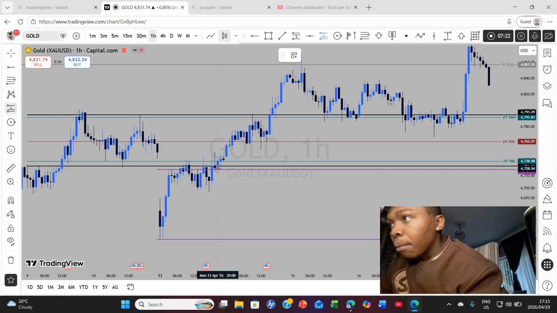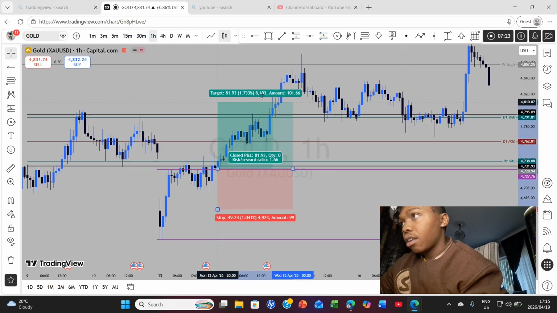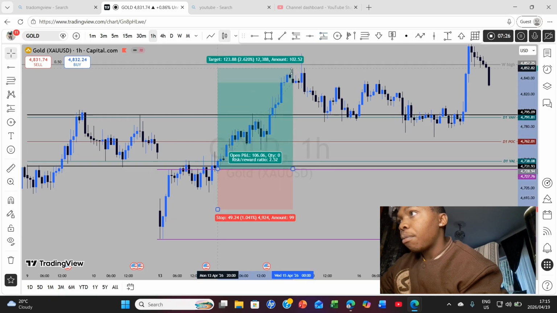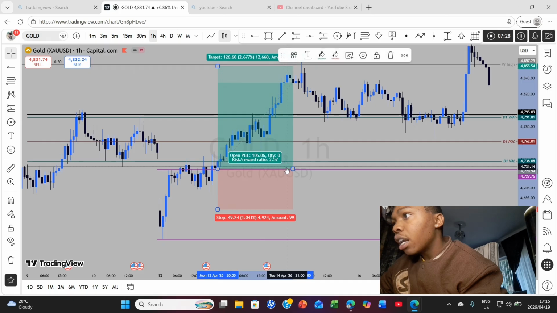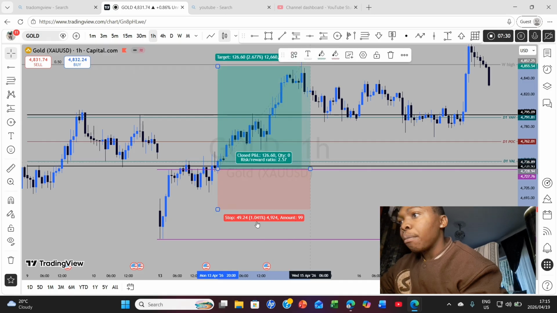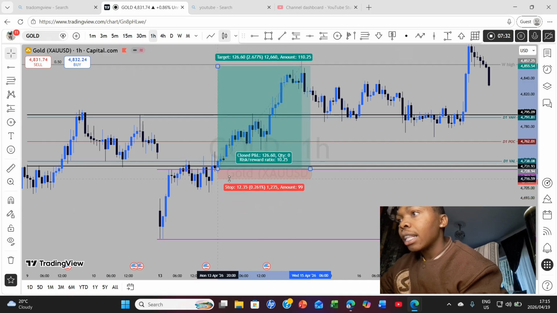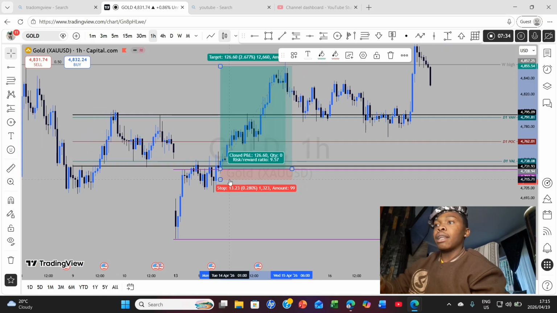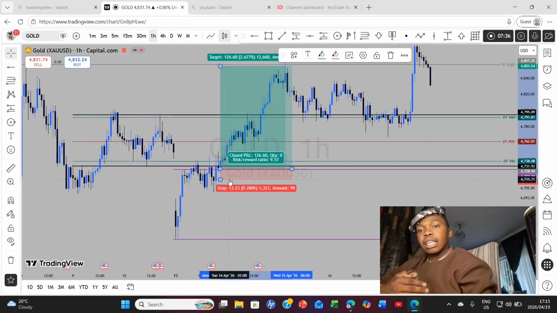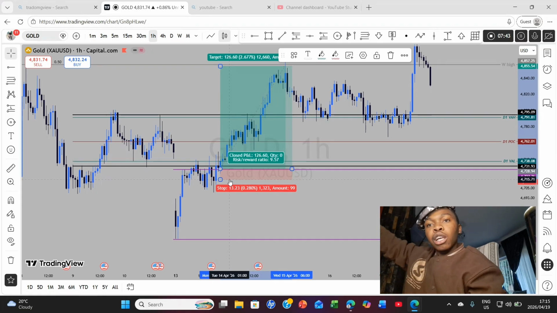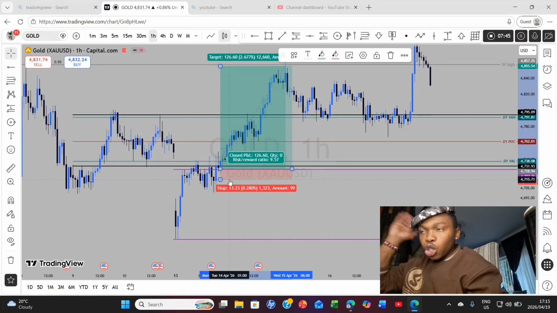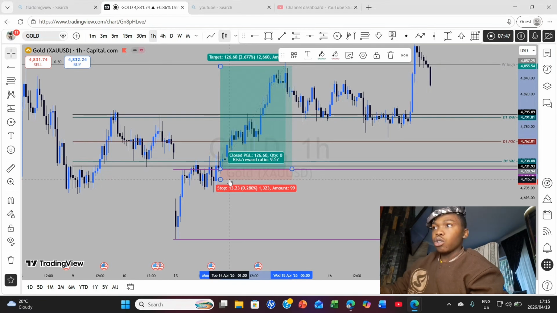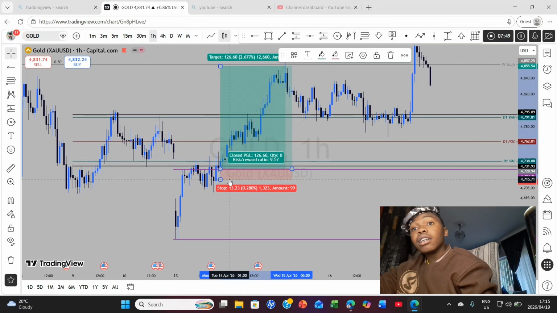Sellers are not in the market. So I was gonna take profit on the weekly high because I know that's where the market is headed, because we just experienced a gap. So the market filled that gap and it already chose direction. So it just went straight to the weekly high.